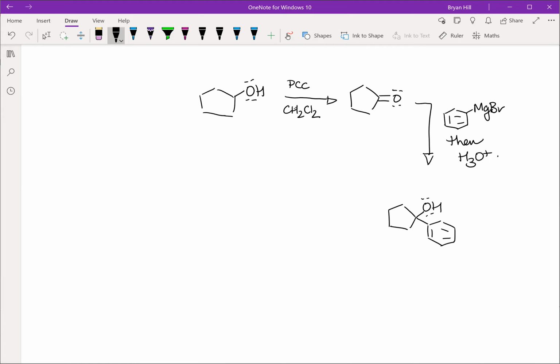So what you could do is react this with, let's see here, make a sulfonate with this. And I think you could use triethylamine, something like that. And then you've got your sulfonate.